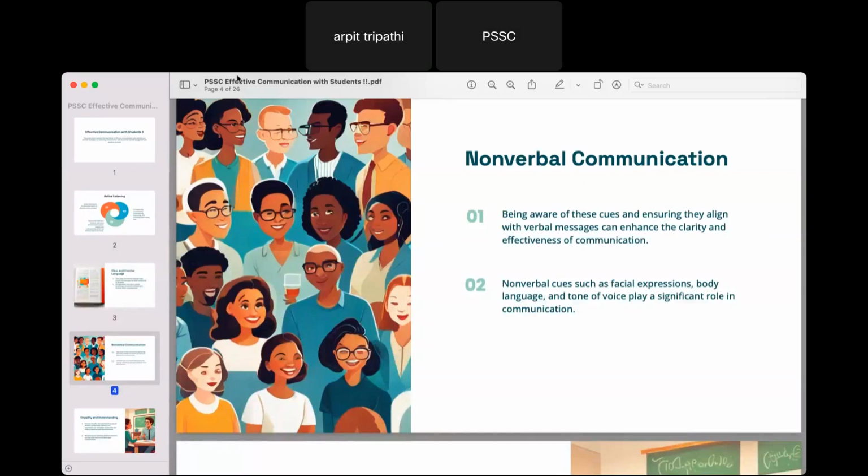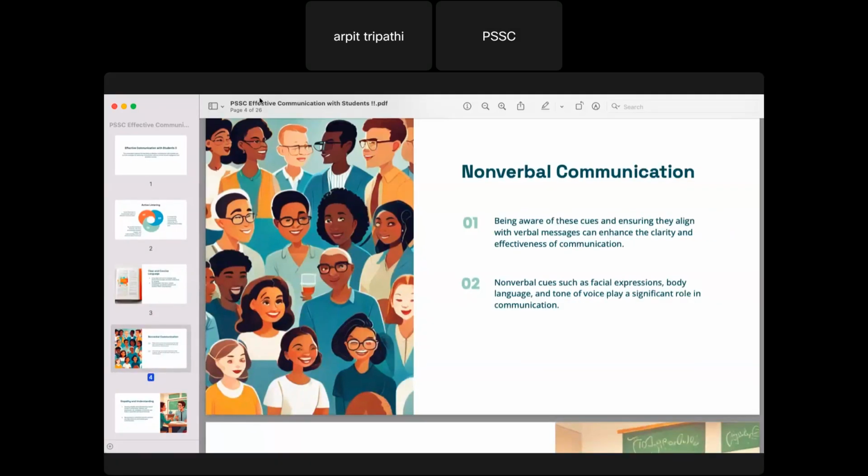It manages classroom dynamics, and supports sensitivity and empathy. Also, effective communication skills for students as well. By leveraging non-verbal cues effectively, teachers can create a supportive and engaging classroom learning environment that fosters academic success and personal growth for students, of course.